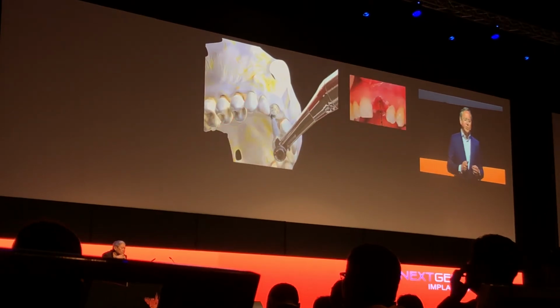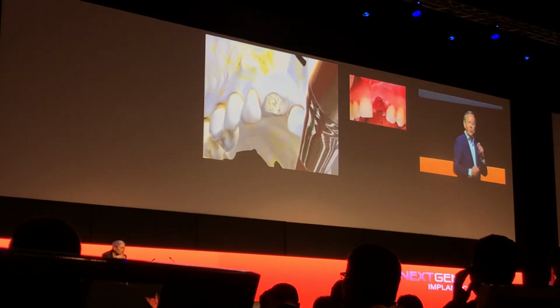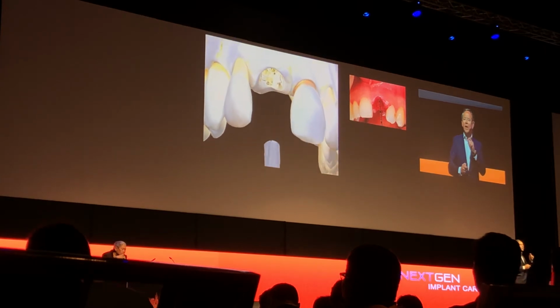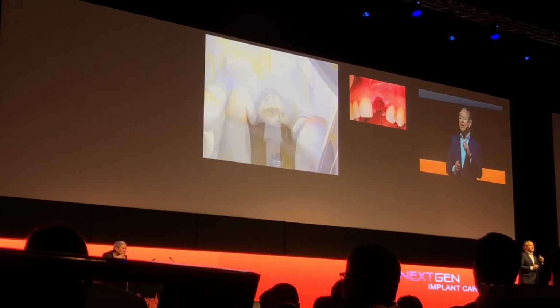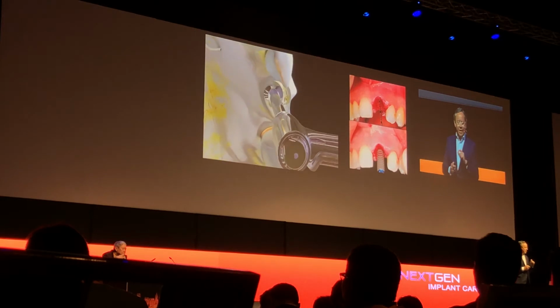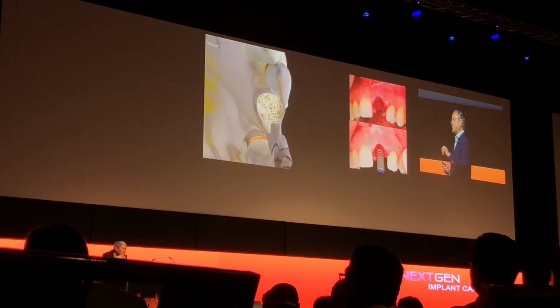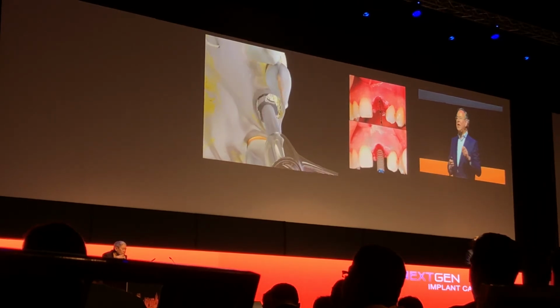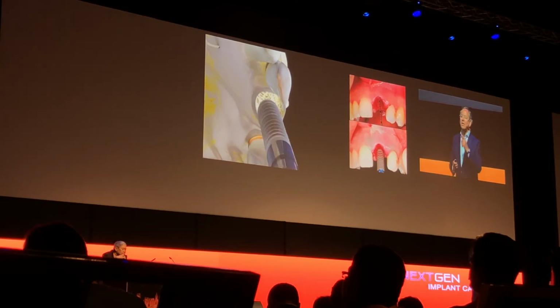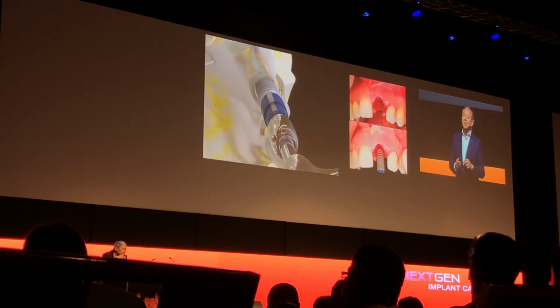And it involves, of course, to first measure where my buccal bone is, because I need an intact buccal bone. And of course, it involves very careful drilling of the palatal bone wall.